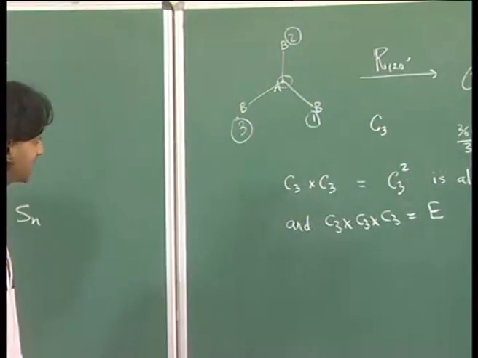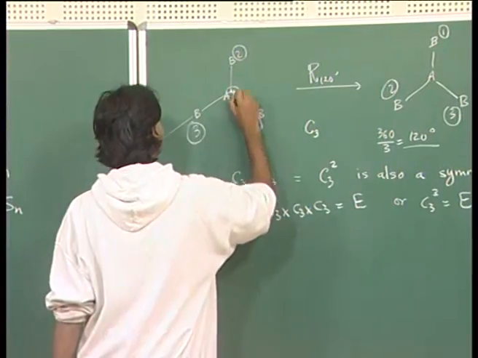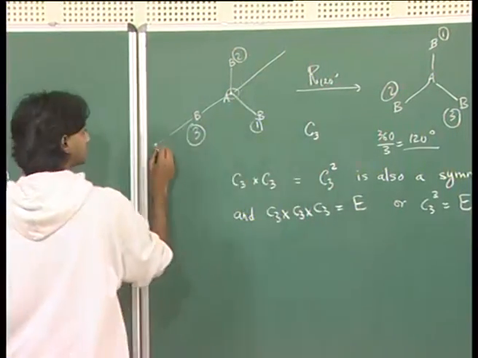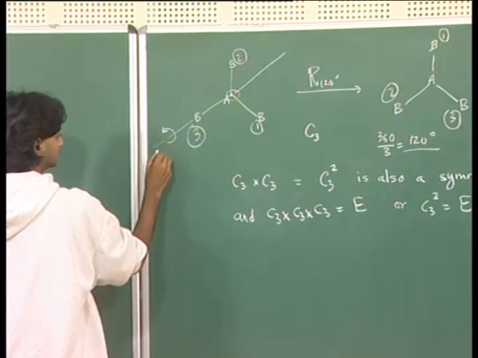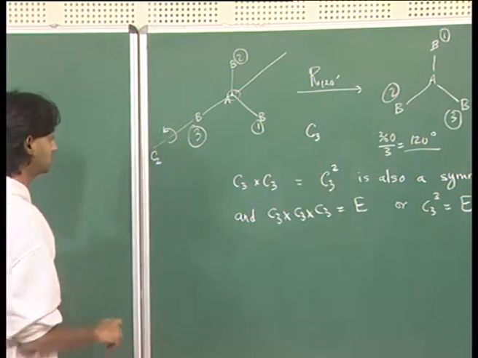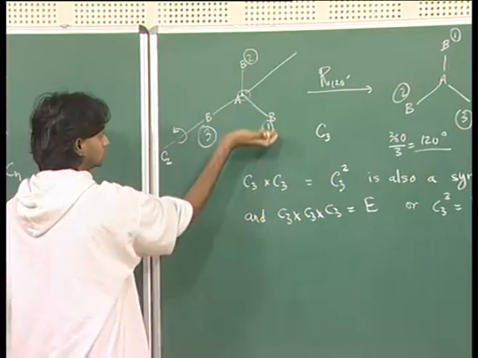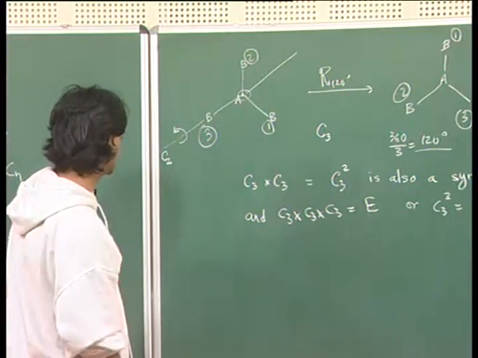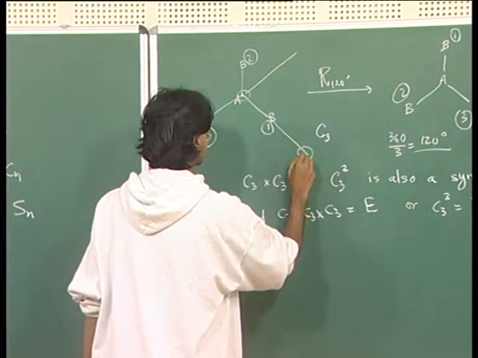Now, are there other axes of rotation in this molecule? You can see that if I take an axis this way and do a rotation about it, this is a C2 axis. If I rotate by 180 degrees, then 1 and 2 just get flipped. Each of these is a C2 axis.